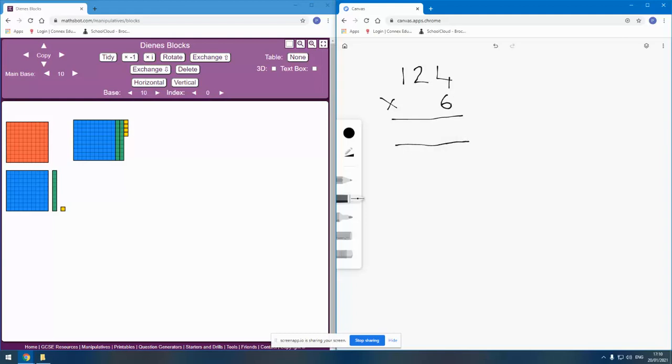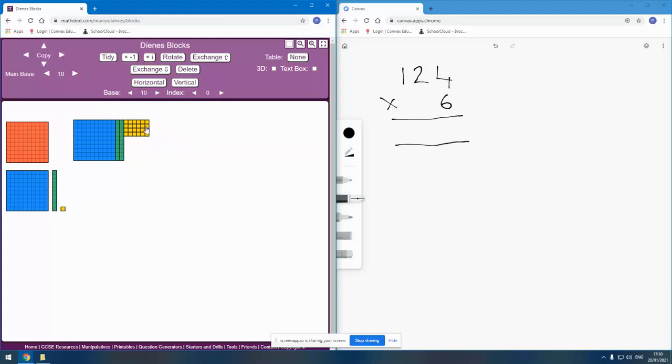So I'm going to start with having 4 repeated 6 times. So here is my 4, and I'm going to repeat that so that I have 6 of those, the product of 6 4s.